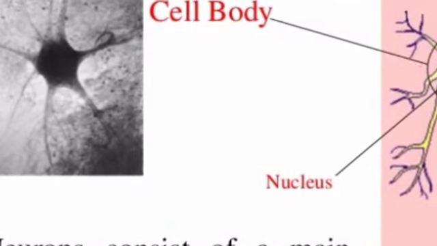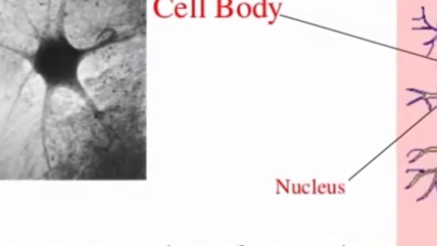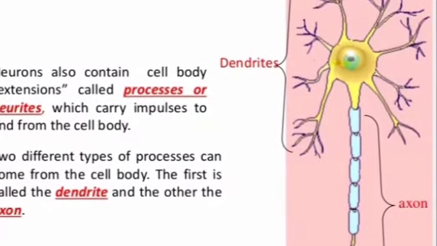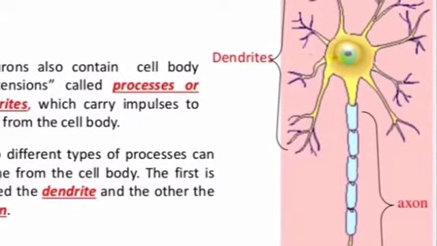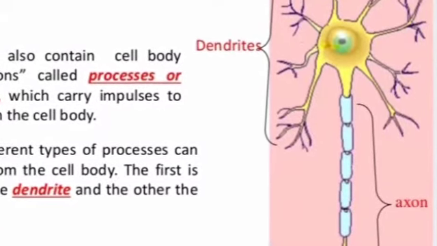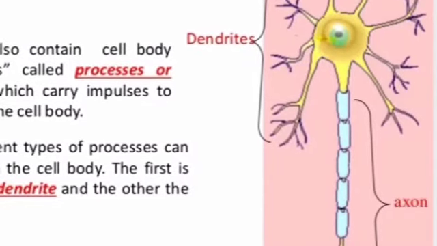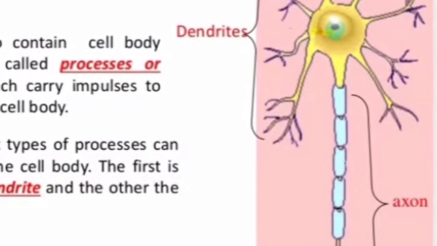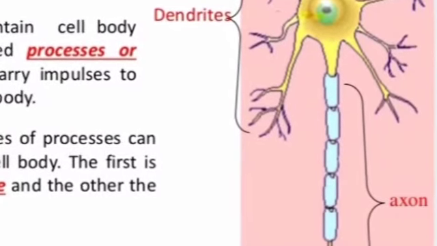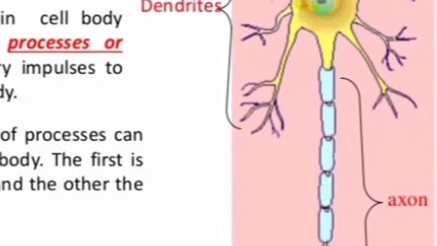Neurons also contain cell body extensions called processes, which carry impulses to and from the cell body. There are two different types of processes that can come from the cell body. One is dendrites and the other is axon. Now let's see what dendrites and axon are.